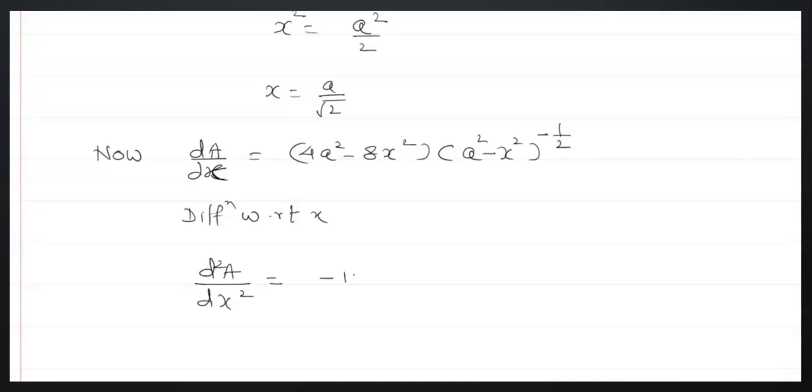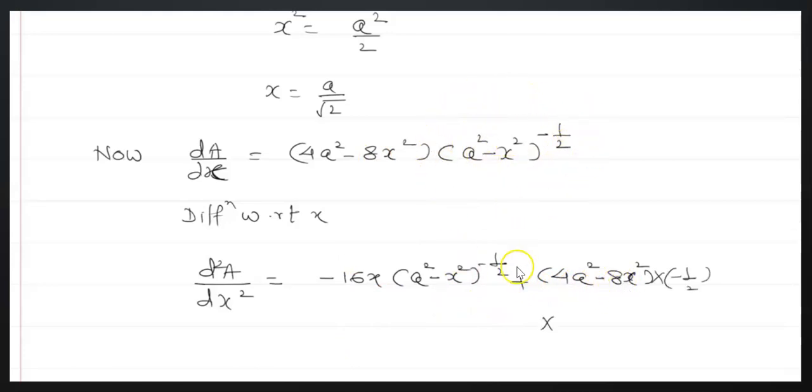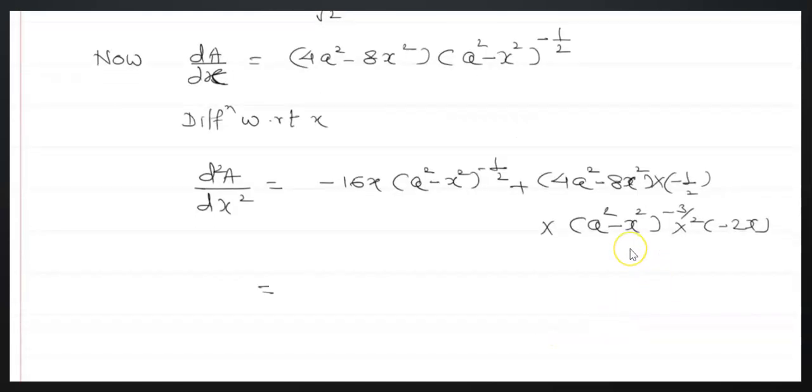Therefore, d2A upon dx square is equal to minus 16x, the derivative of the first term. The second term is as it is, and next is 4a square minus 8x square into the derivative of a square minus x square raised to minus 1 upon 2, which is minus 1 upon 2 into a square minus x square raised to minus 3 by 2 into d/dx of a square minus x square.